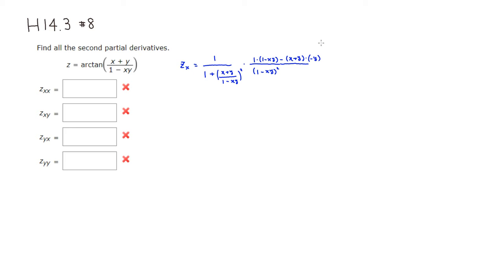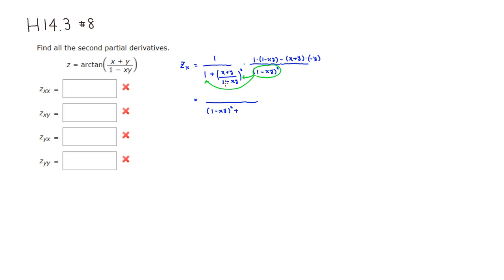Then we need to simplify this a little bit. So this is going to be equal to, alright, so I'm going to distribute this denominator here to both terms, here and here, right? So the denominator is going to be (1 minus xy) quantity squared plus, right?